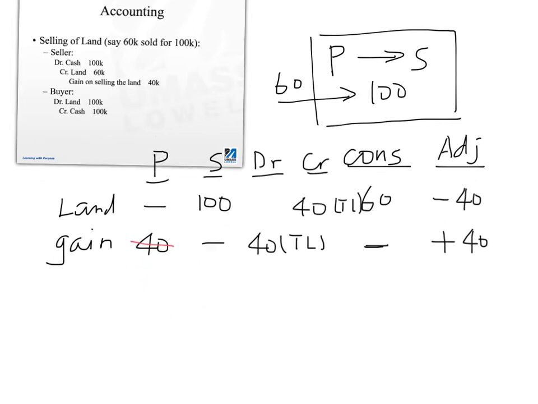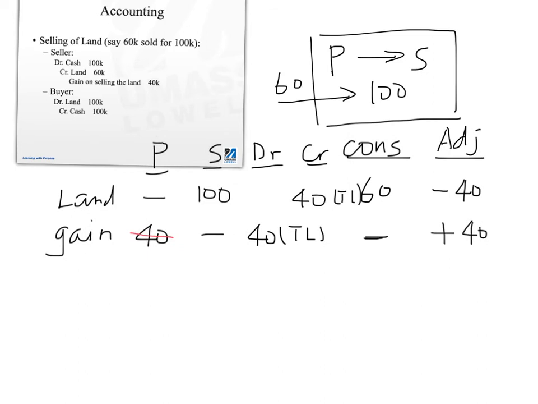The next year, let me show it here. So we are still having this land, and the gain is gone, so it should be retained earnings.